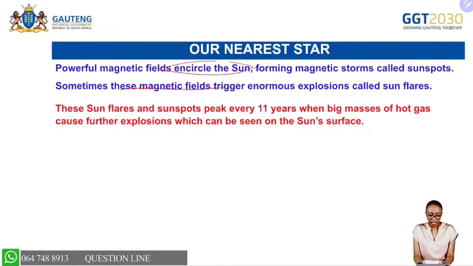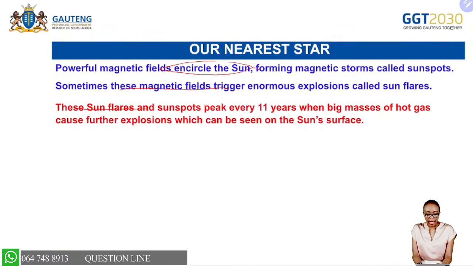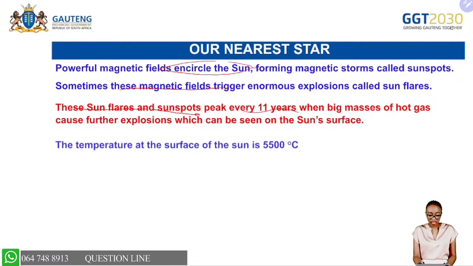The sun flares and the sunspots peak every 11 years when big masses of hot gas cause further explosions, which can be seen on the surface of the sun. Which means the temperature at the surface of the sun must be very, very hot.